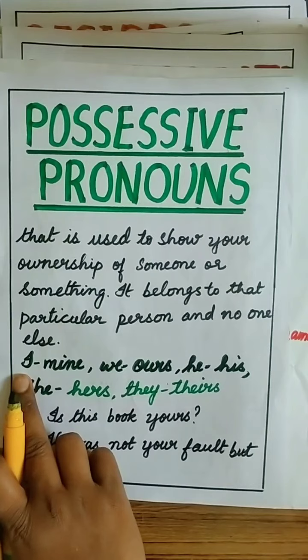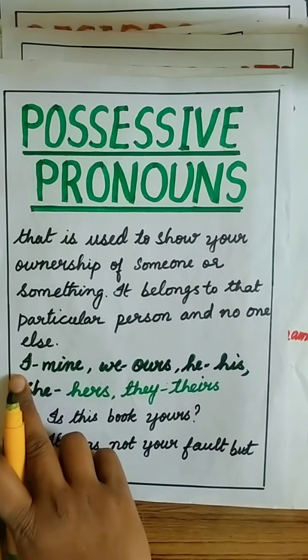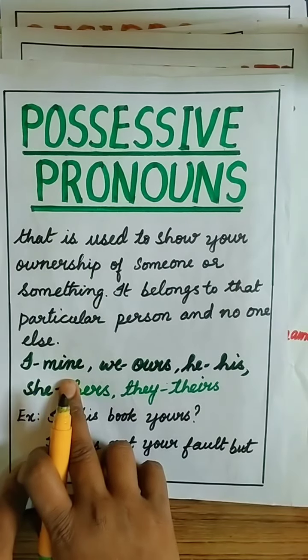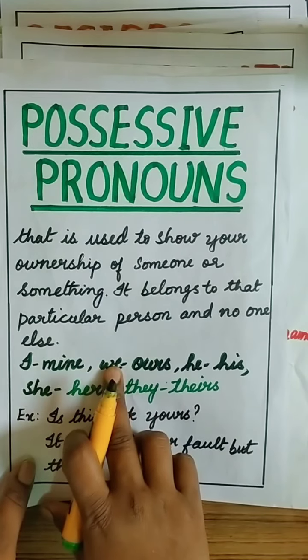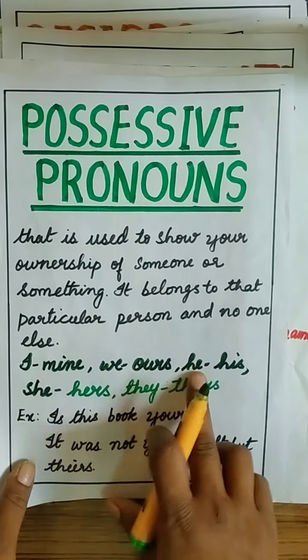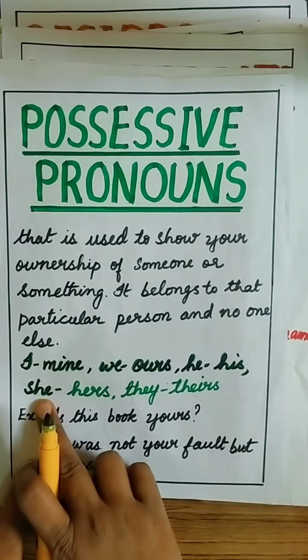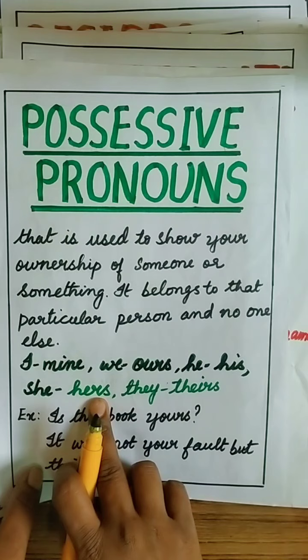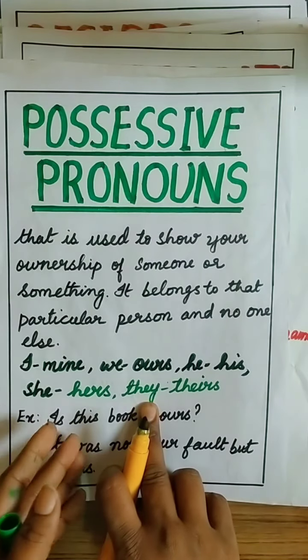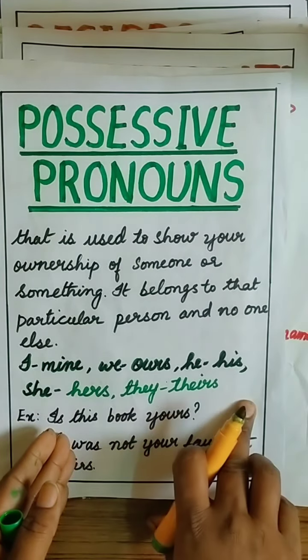If something belongs to you, you say it's mine. When it is a group, you say ours. When you are talking about a boy, we say his. When you're talking about a girl, hers. When you're talking about many people, theirs, right?